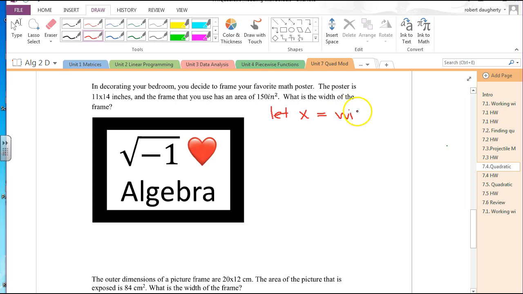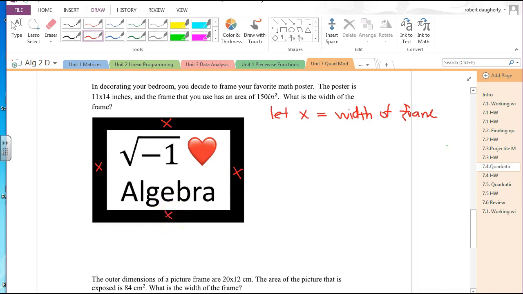So that means that the distance from here to here is x, and all around this frame I've got something of width x.